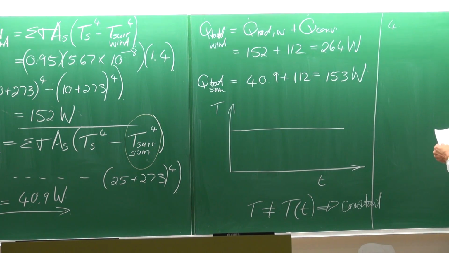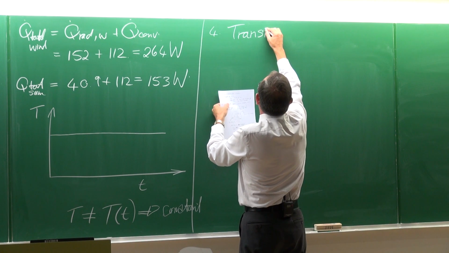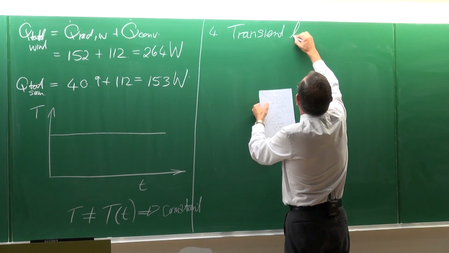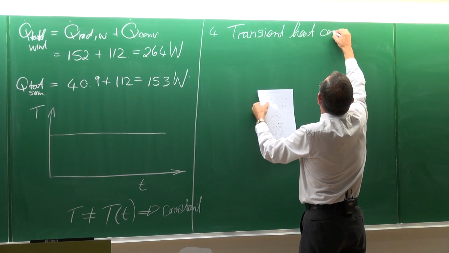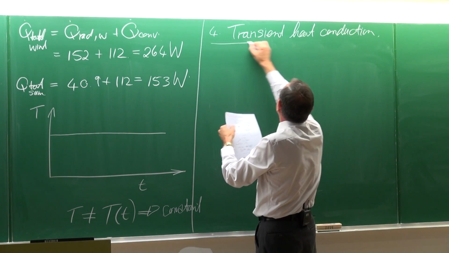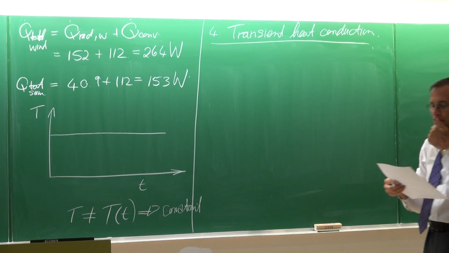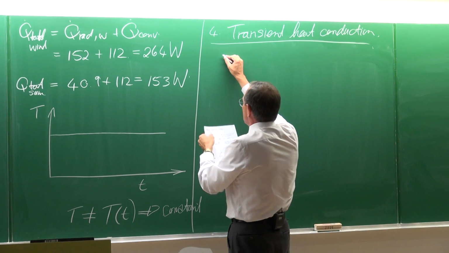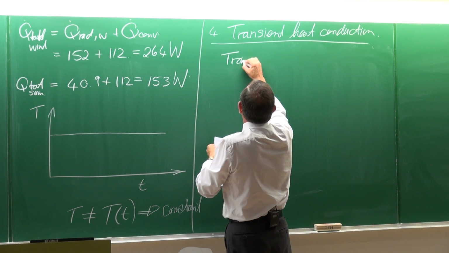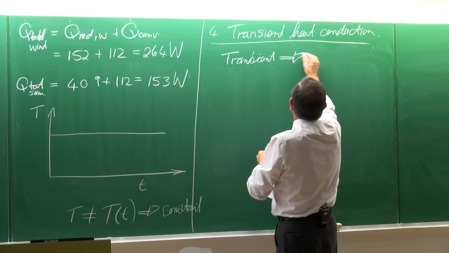Chapter 4 in your textbook is transient heat conduction. So transient heat conduction, or transient, would imply changes.